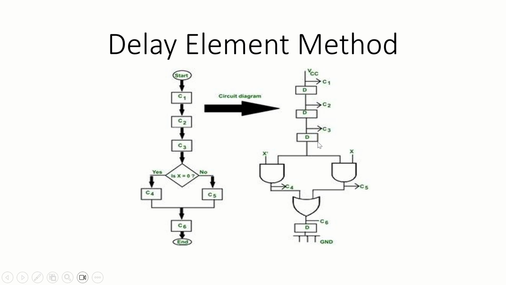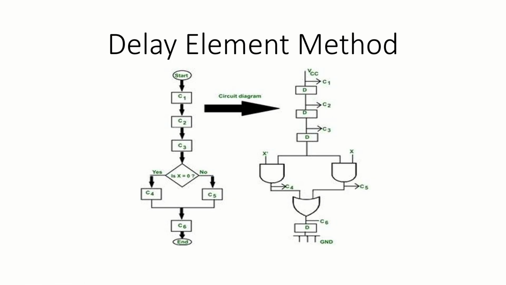And this is represented on the right side of the picture using logic gates. So here in the logic there is C1. C1 is for storing element A in memory. Then we have put a delay circuit.